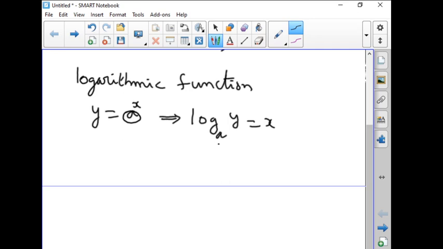I repeat again, log y to the base a is equal to x. In general we can also take it like this: if n is equal to e power x, then log n to the base e is equal to x.